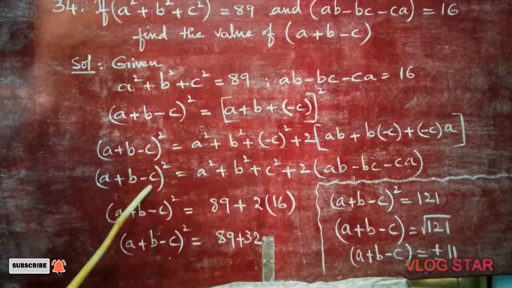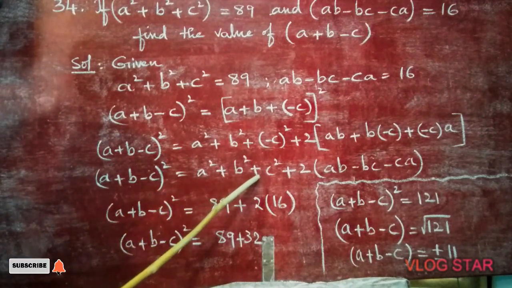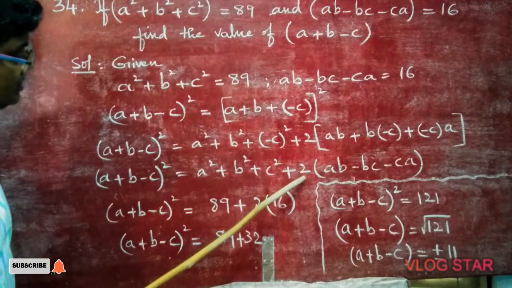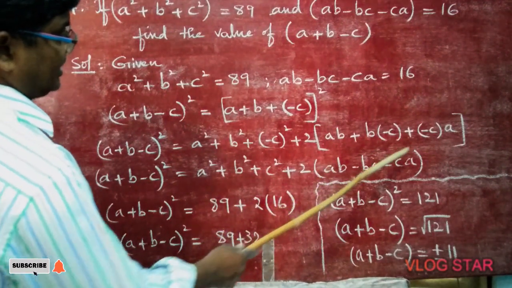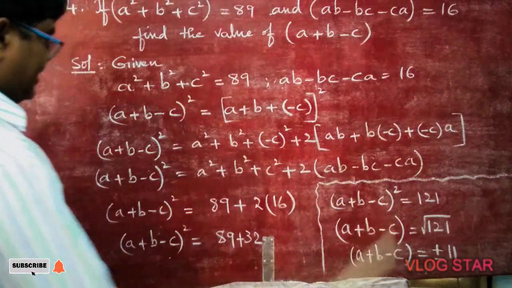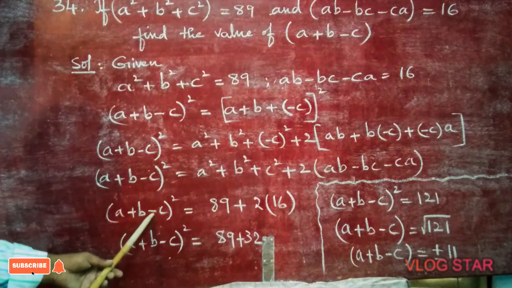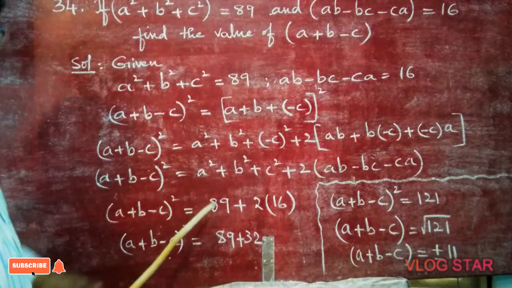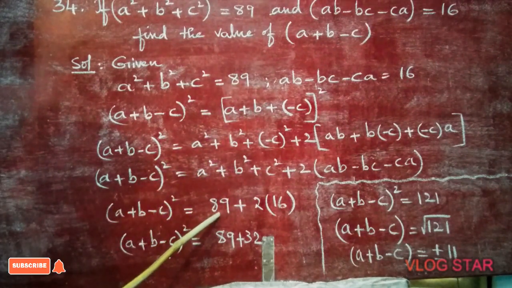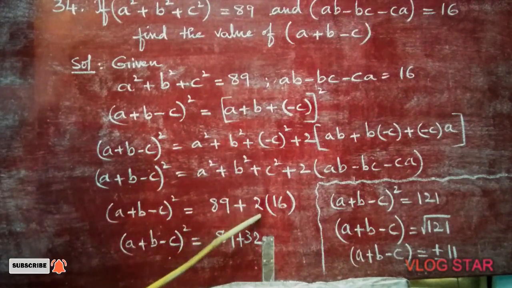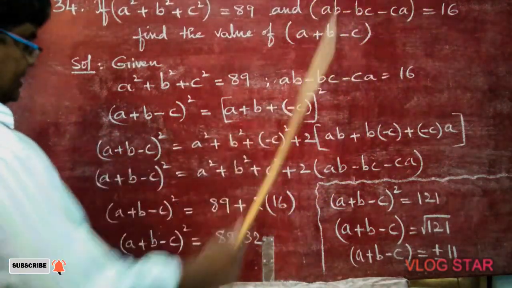(a plus b minus c) whole square is equal to a square plus b square plus c square plus 2 into (ab plus into minus bc plus into minus ca). Now substitute the values. (a plus b minus c) whole square is equal to, in the place of a square plus b square plus c square, they have given 89. Substitute that value, plus 2 into (ab minus bc minus ca), they have given 16.